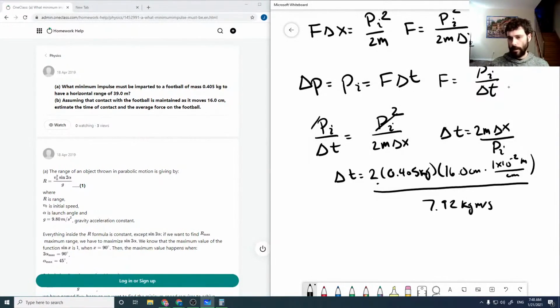And we can see that the kilograms will cancel, the meters will cancel, and we'll be left with seconds. So that's good. And if we work this all out, we'll get 0.0164 seconds.